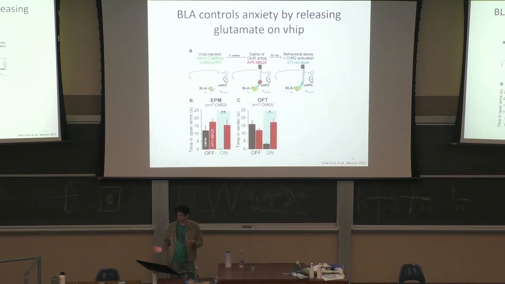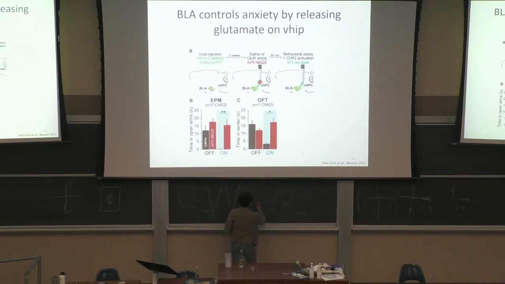To show that that was the case, they repeated the excitation experiment, but at the same time, they infused the glutamate antagonists AP5 and NBQX in the ventral hippocampus. Okay, so the idea is you have the BLA.